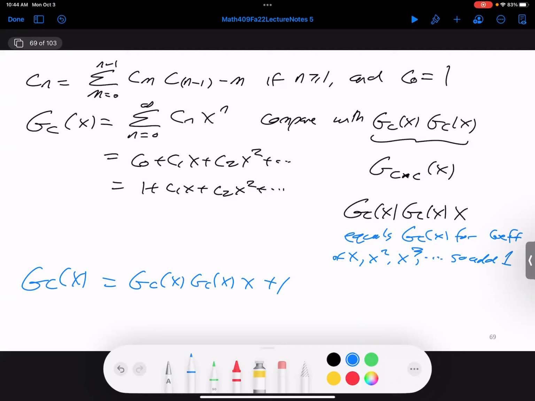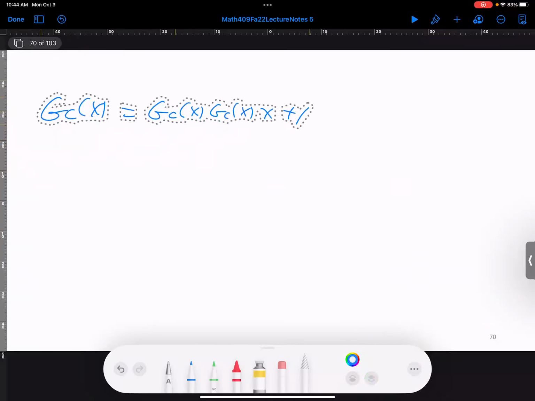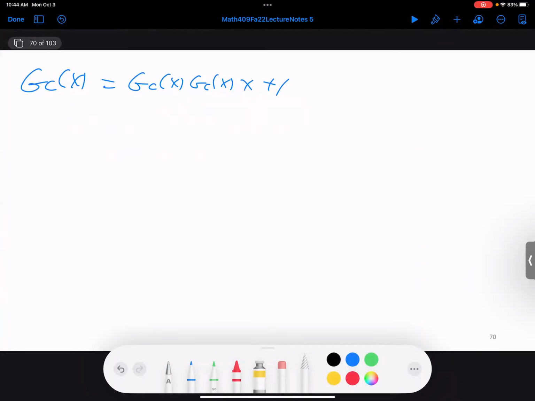Okay? So any questions on how we got this? So hopefully we've done this correctly. And now we have our generating function. And we want to find GC of x. Anybody know how to find GC of x? Quadratic formula, right?